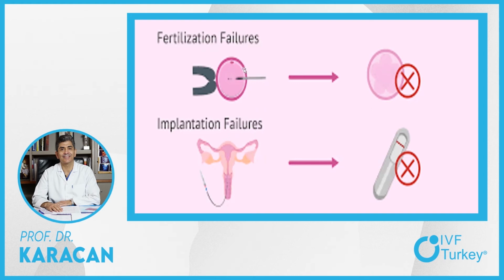If they don't get into the egg, or if after intracytoplasmic sperm injection fertilization does not happen, it's considered fertilization failure. However, implantation failure means not achieving pregnancy upon embryo transfer.